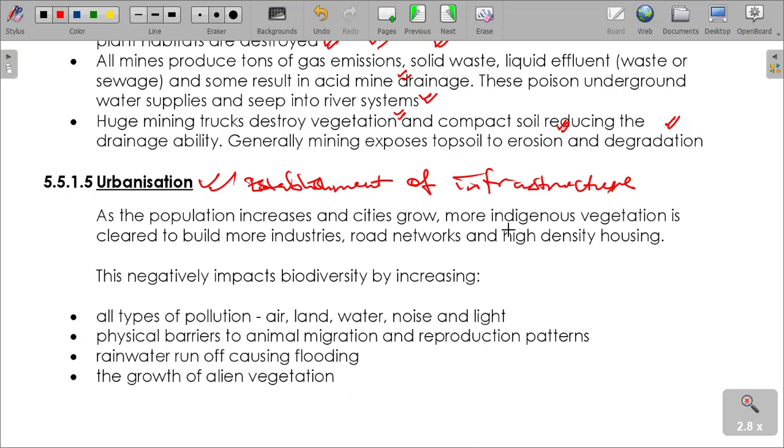There is also establishment of infrastructure, which can be roads, which can be buildings, every form of human requirement that they would need. They can also destroy the natural vegetation, which negatively impacts biodiversity by increasing various types of pollution, which can be land, water, noise, and even lighting.